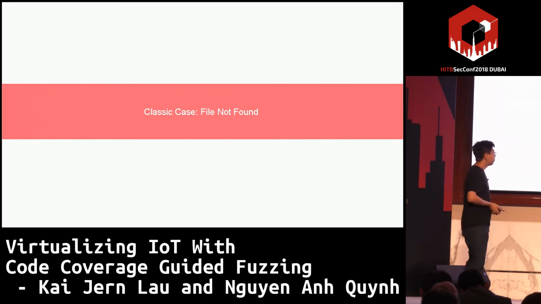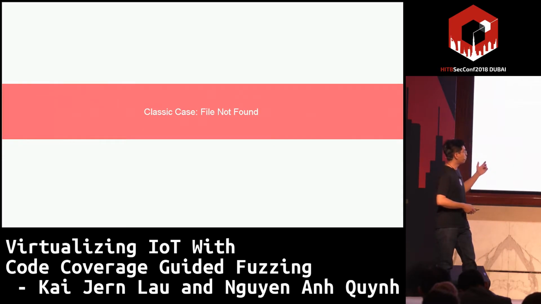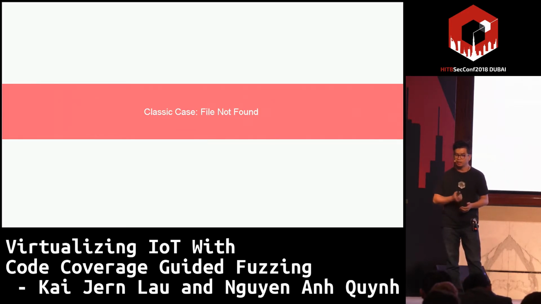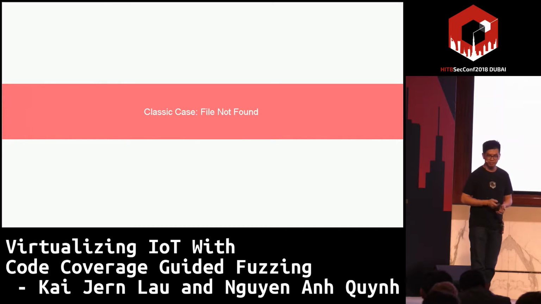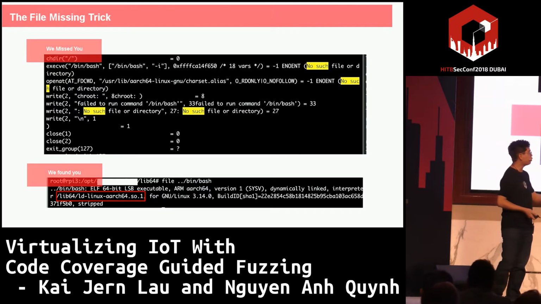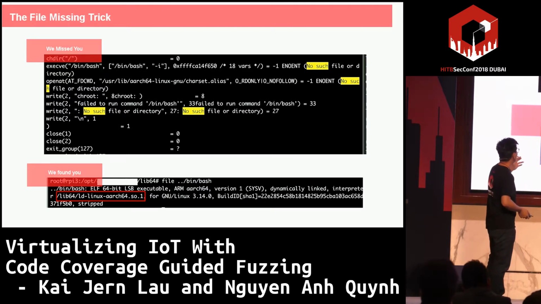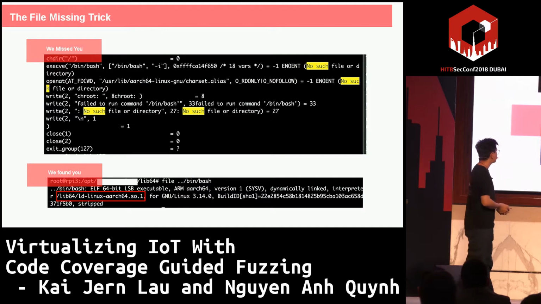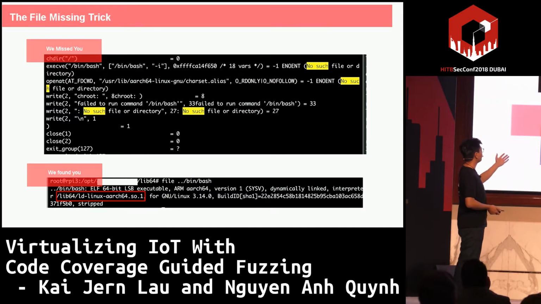The first problem when we tried to move everything out from the chroot environment into the QEMU system was a "not found" error. We try to execute a command, and it tells us we are not getting anywhere. If you do a trace or a dump, it will tell you no such file or directory.